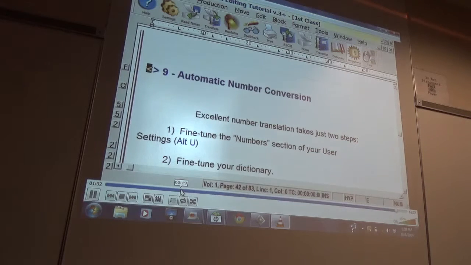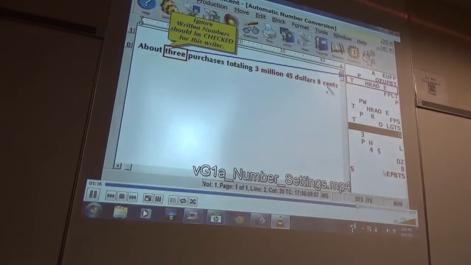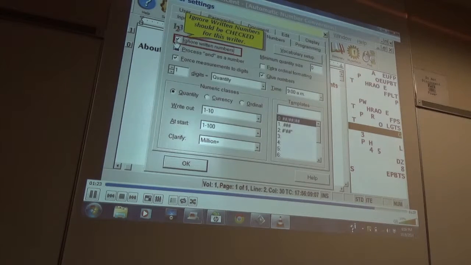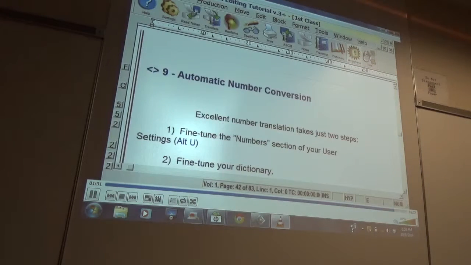Number conversion is treated at length in the efficient editing tutorial, so be sure to look at it.